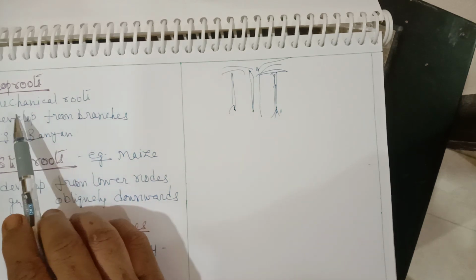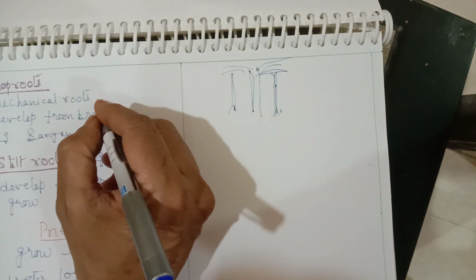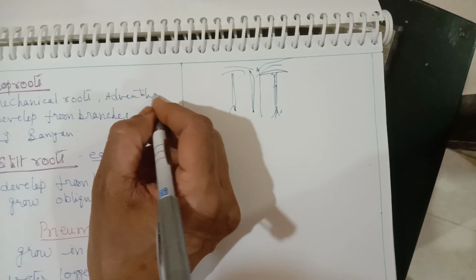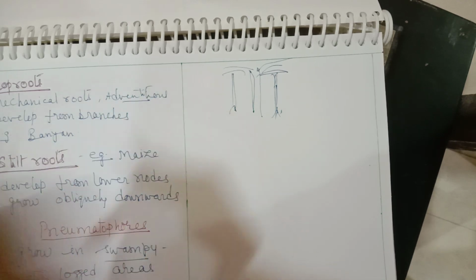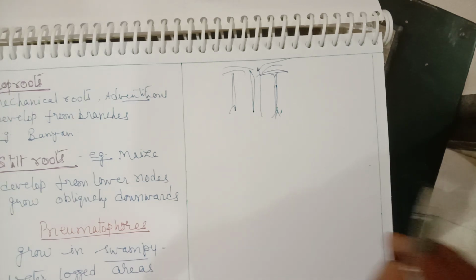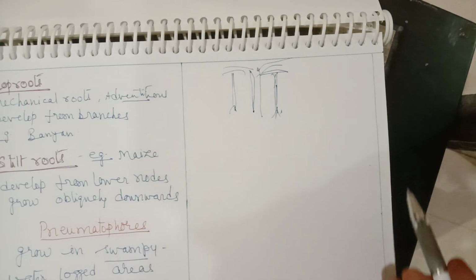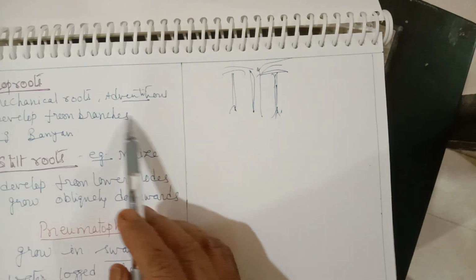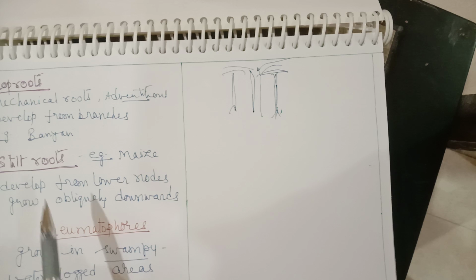So these are called mechanical roots, and these are adventitious too, because they develop from branches. Adventitious roots are those not directly developed from the radicle but from any part other than the radicle. Here they develop from the branches.